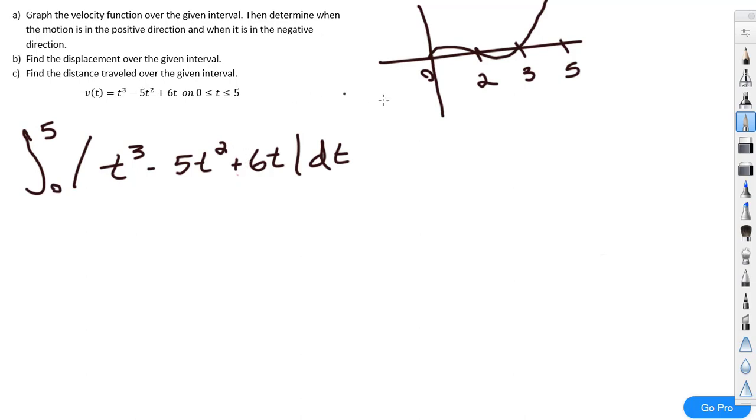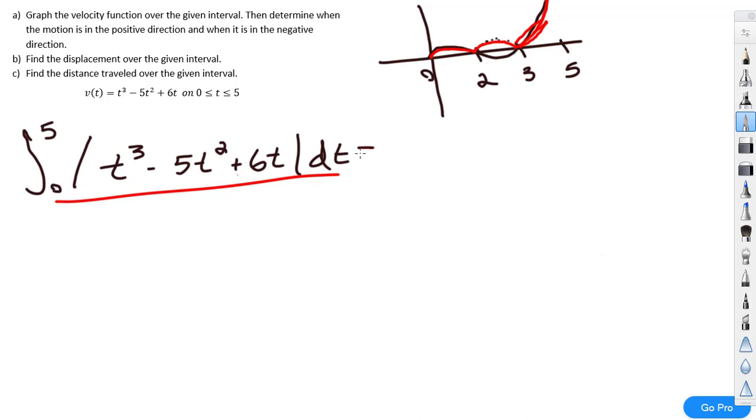Now remember, when we're doing the absolute value, what that means is that anything that's below the x-axis is actually going to get flipped above. So this little bit is going to get flipped above. So the absolute value function, this guy, would actually look like this. And then this part would get flipped up, and this would continue to look like it does, like that. So what we need to do is break this up into the positive and the negative.